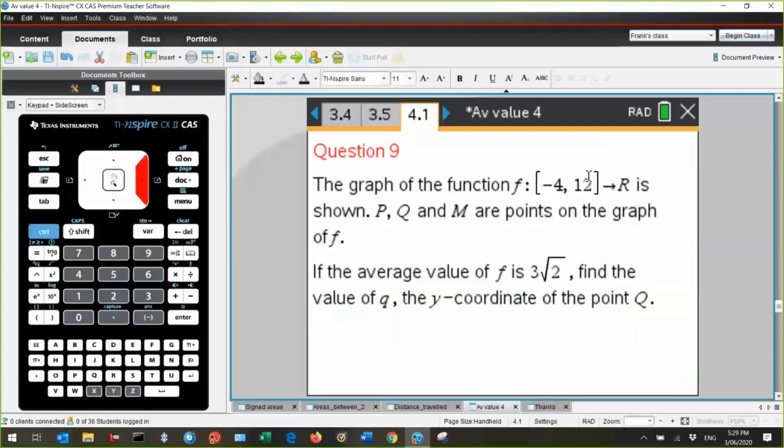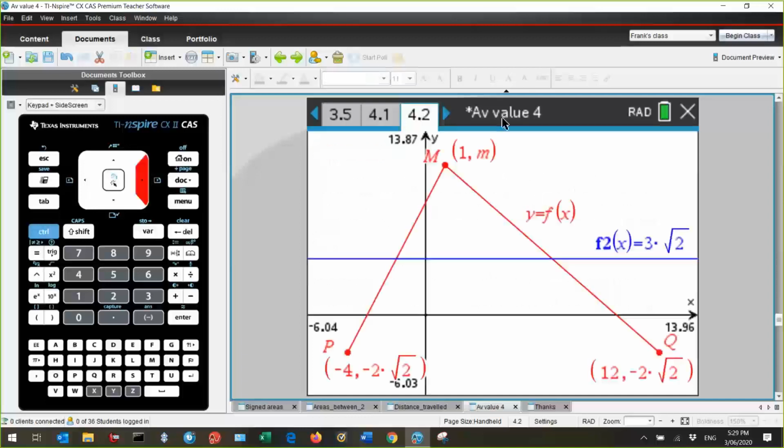Okay. Now, sometimes on the exam you get conceptual questions where you don't actually need to use the formula. So in this question, which is question 9 on the sheet, you have a linear hybrid function where the minimum is -2 root 2, and the maximum we need to find, given that the average is 3 root 2.